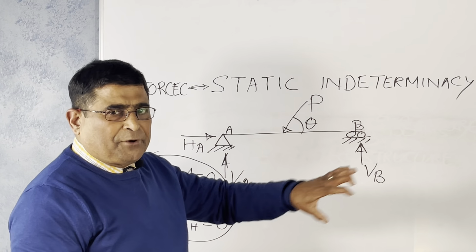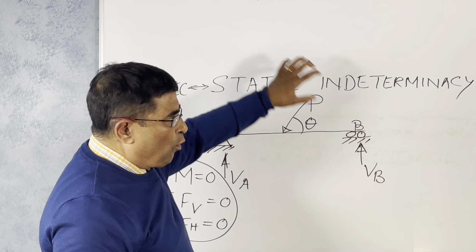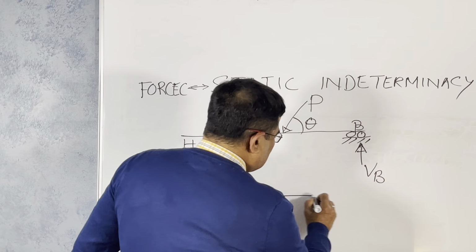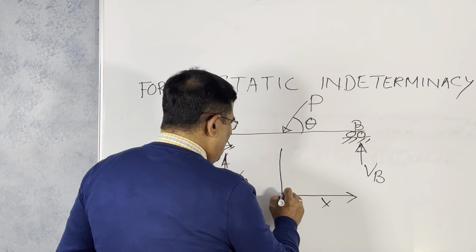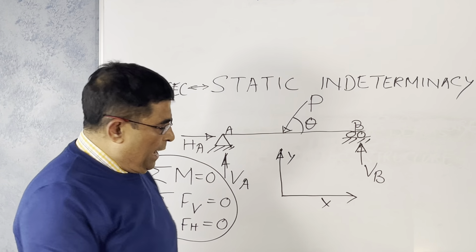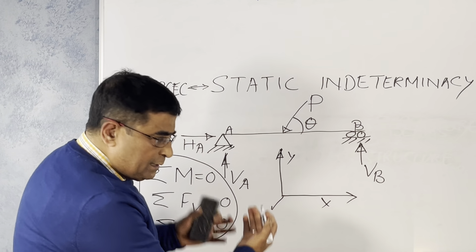Then what is a plane frame? It has two dimensions. This is like a board. This board, you can have two axes, one is your x-axis, another your y-axis. The third axis, this side, is absent.